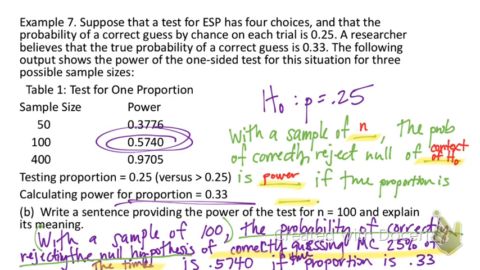And you're inserting the proportion given. So in this case, it's the 0.33, given against the null. So it'll always be true proportion. If it is a mean, then it'll be true mean. It could be mean here.